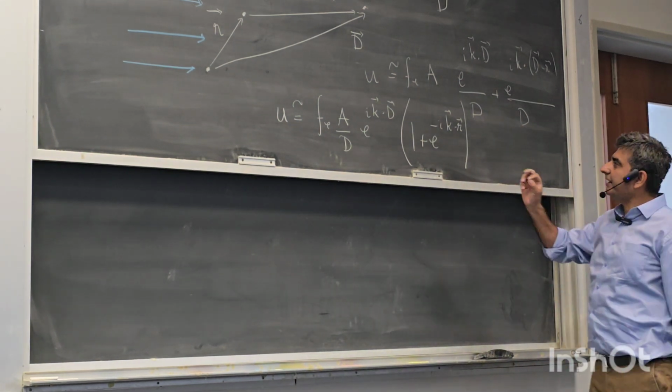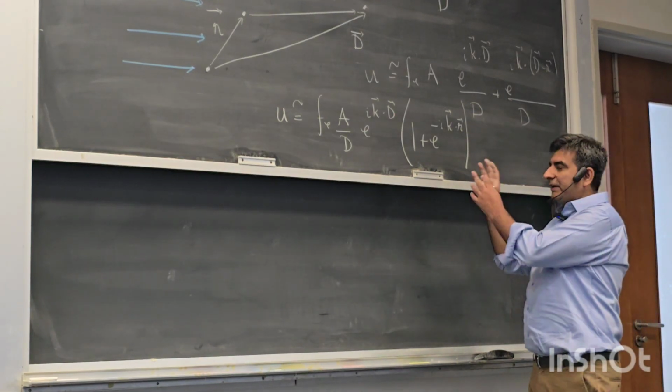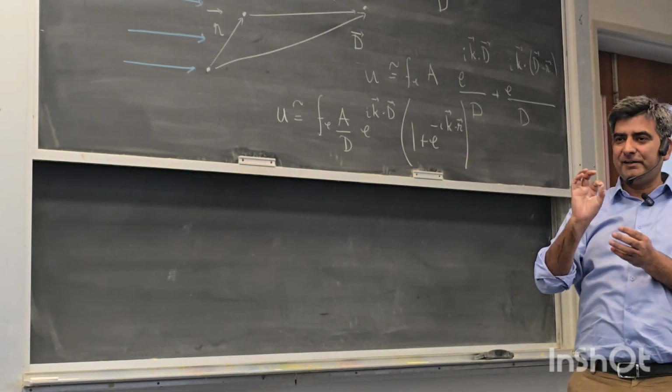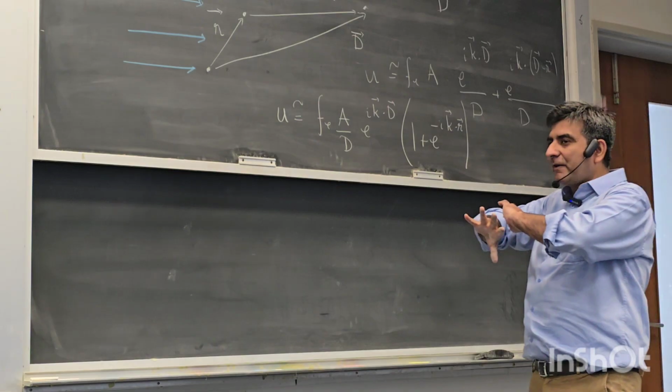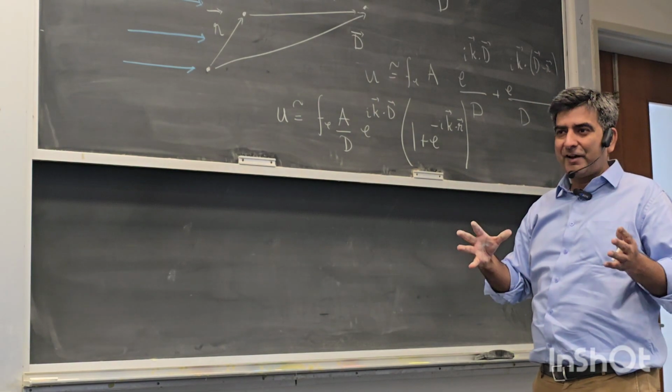So any electron at a position vector R with respect to some origin will add to the phase by e^{-iK·R}. Now, if you have a distribution of electrons, as you have in an atom.